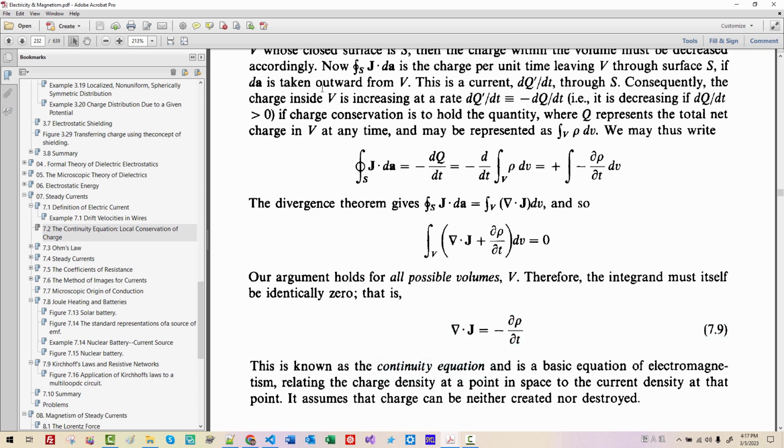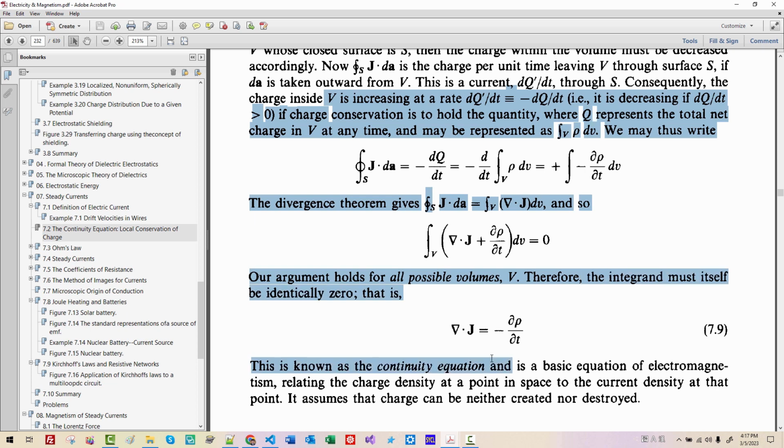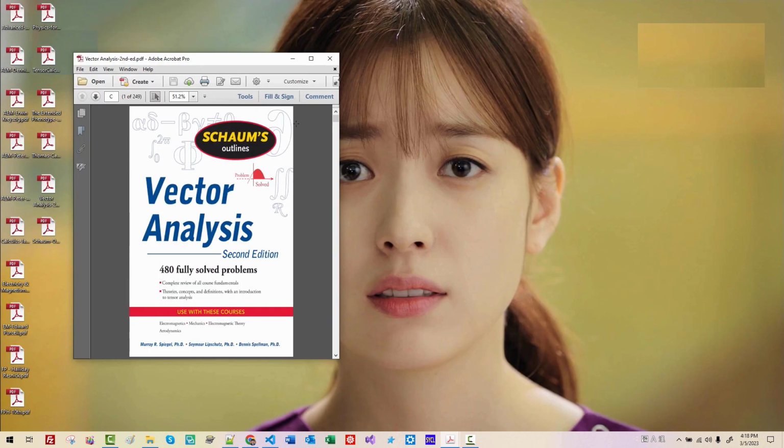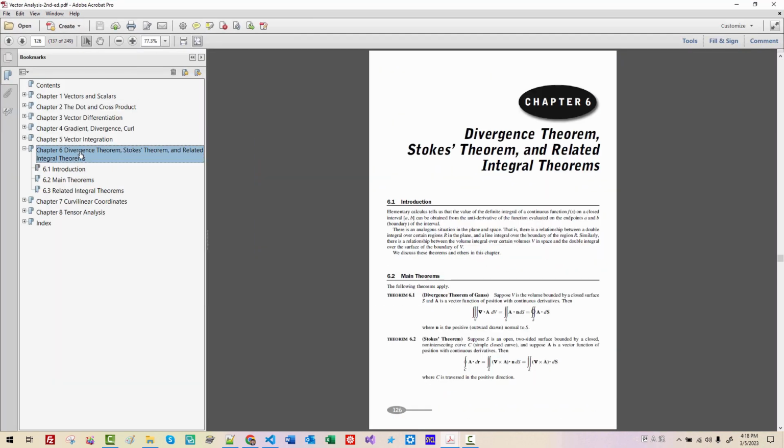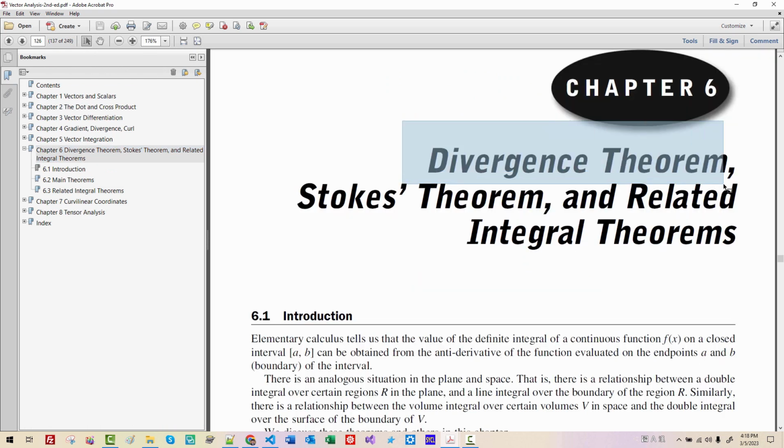I would highly recommend you to read this part of the book on your own. However, if my explanation is too complex or not understandable, then from vector analysis, chapter 6, Divergence theorem, Stokes theorem, and related integral theorems.